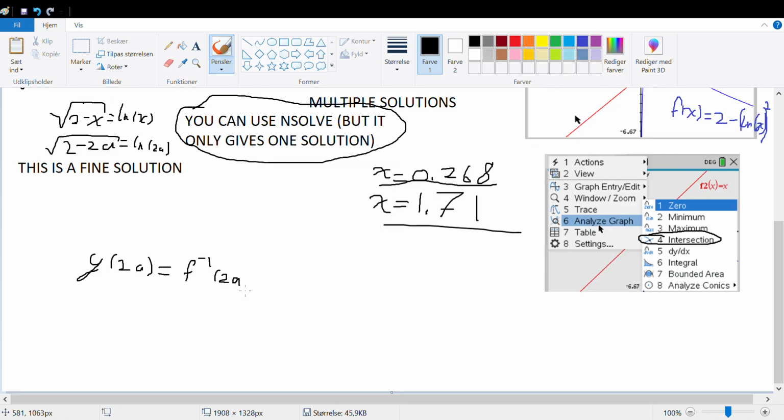What happens if we wrap both functions in f, so f of g of 2a, and on the other side we have to do the exact same thing, so we do f of f minus 1 of 2a? Well, if we wrap them like that, remember your inverse functions. What happens when you use the function on the inverse? It just disappears. You just get this.